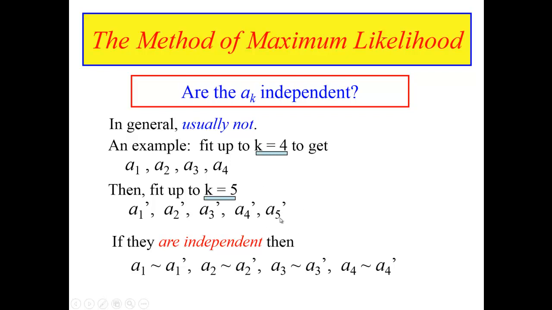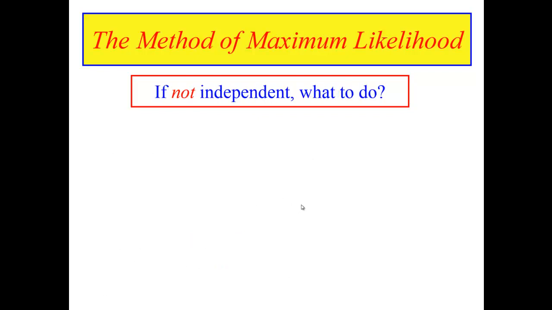However, in general, this is not the case, because most of the time, when you change the number of terms in your fitting function, the results that you get for each of the parameters, each of the coefficients, tend to be altered by the presence of the additional term in the fitting function. So in practice, that's not what happens.